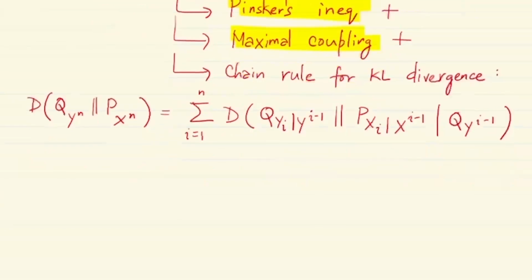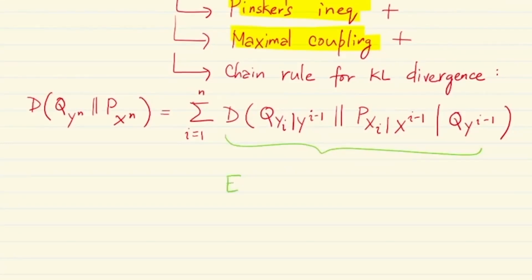Okay, so just to make it a little more precise, this conditional KL divergence is just defined as the expected value, over a vector of i minus 1 symbols distributed according to Q, the marginal of Q on the first i minus 1 symbols.